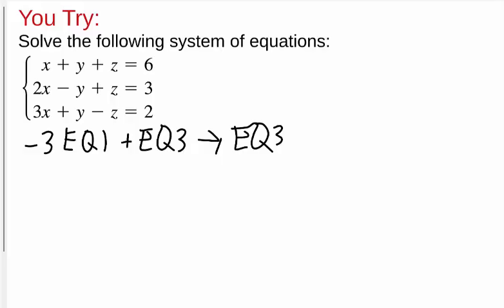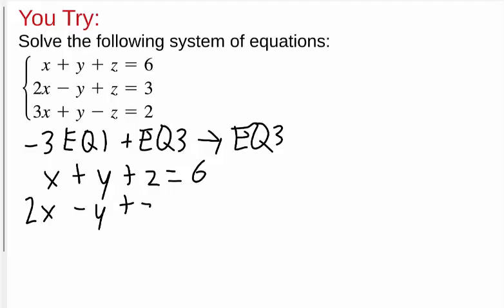So our first equation stays x plus y plus z equals 6. Our second equation stays x minus y plus z equals 3. Our third equation changes, so let's look at what we did. We took -3x minus 3y minus 3z equals -18.